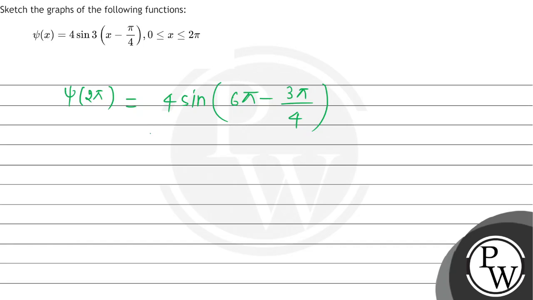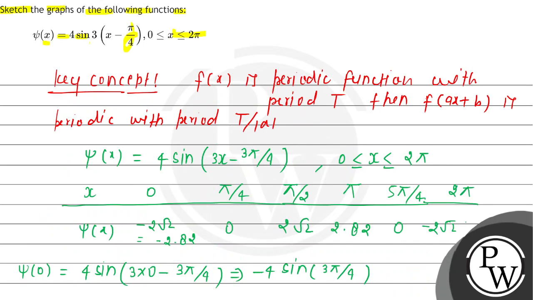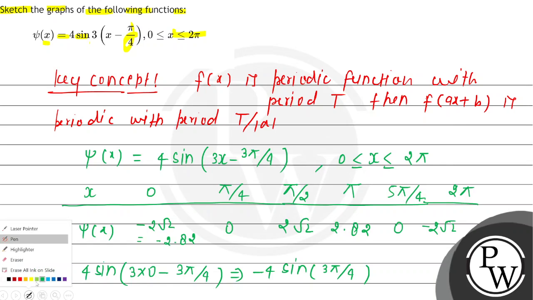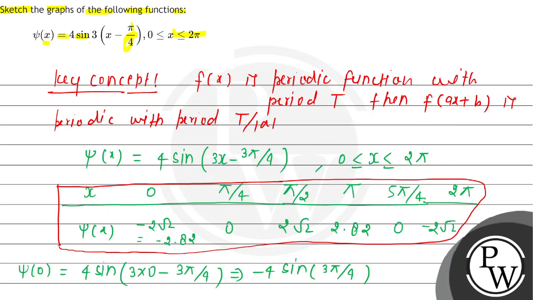So we can say it will also give 4 into minus 1 by root 2, and then it will be minus 2 root 2. So now we'll put this value here. So finally we can say we have all values in the table. So we'll draw this table like this. Finally we have this table.